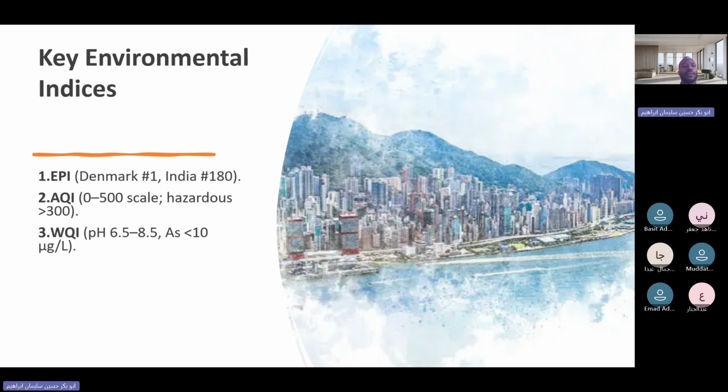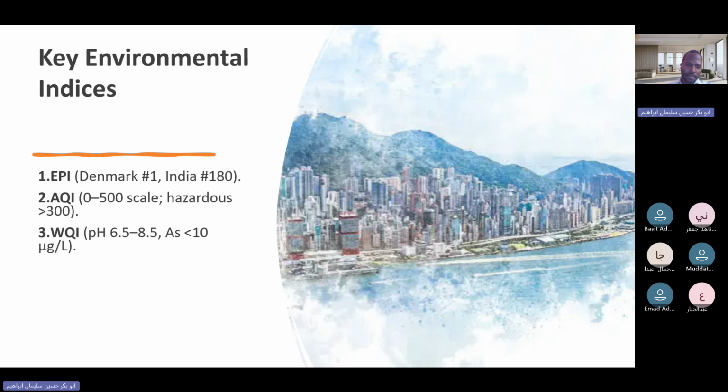Like water quality. When we are going to measure the water quality, we use pH to be between 6 and 8. This is for the pH, and concern for the dissolved oxygen to be more than 10 milligram. You get my point?